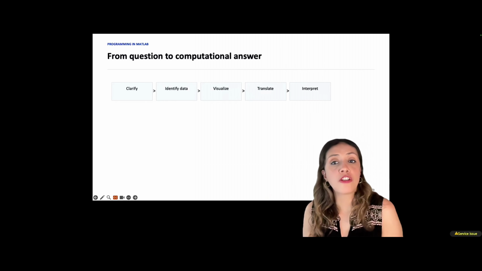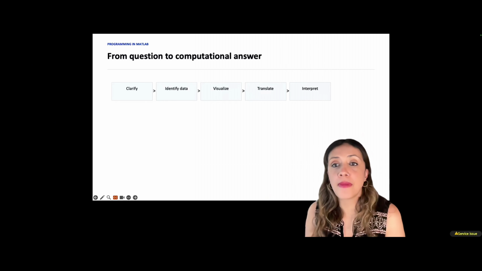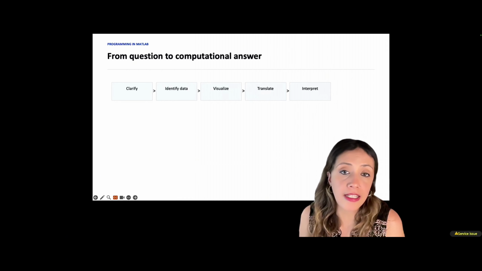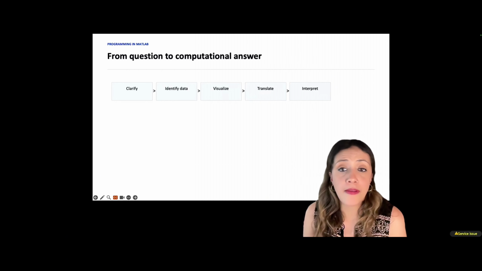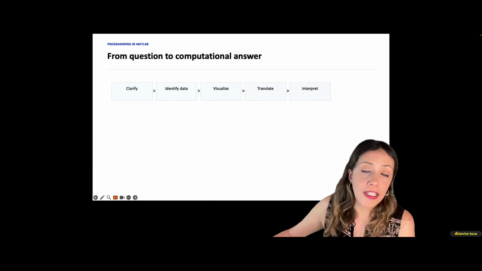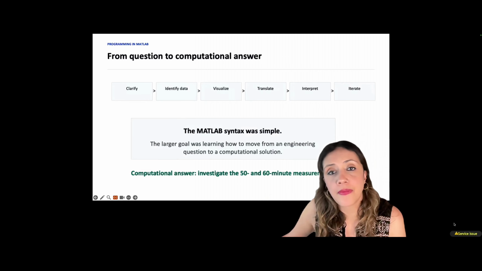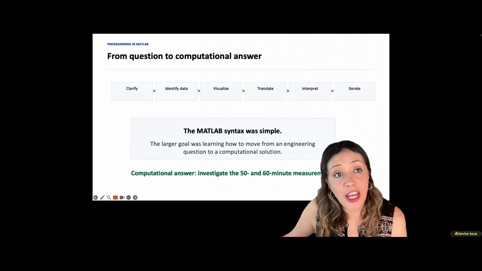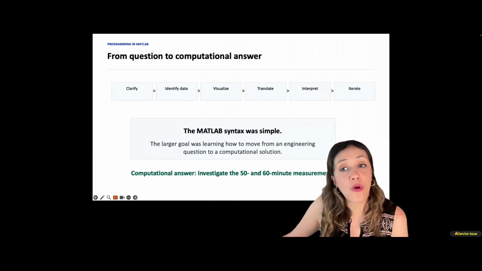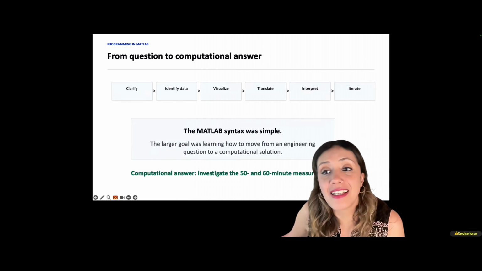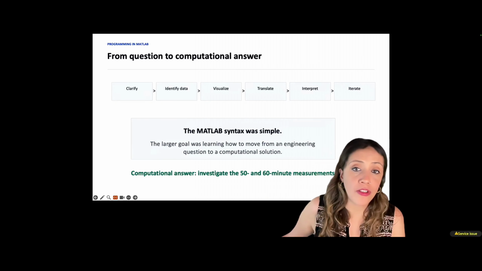The output was not just 50 and 60, it meant that the battery exceeded the temperature criterion at the measurements taken at 50 and 60 minutes. And when the requirement changed, we did not start over, right? We asked what stayed the same and what needed to change.